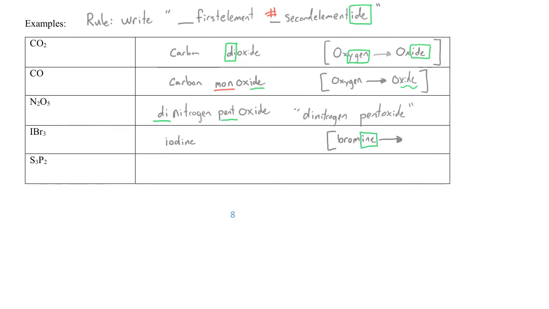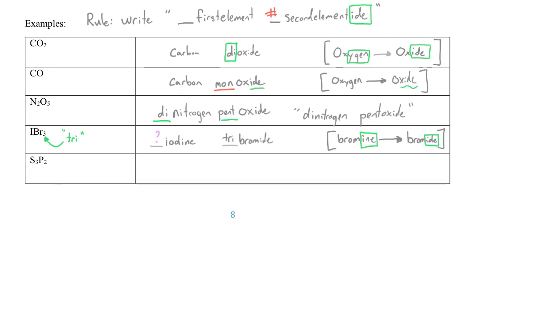That's right, we go from bromine to bromide. So we should have the name iodine and bromide, but let's not forget to put the Latin prefixes in. What prefix should we have in front of the bromide? Since there are 3 bromine atoms, we would say tribromide. Now what about iodine? There's only 1 iodine. Should we say mono or should we not?